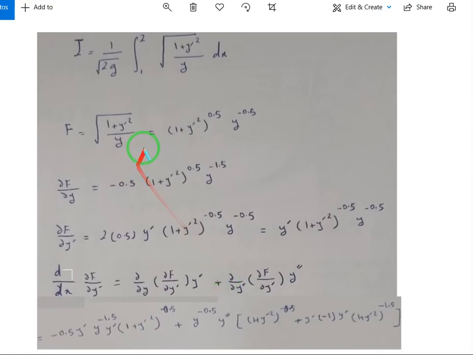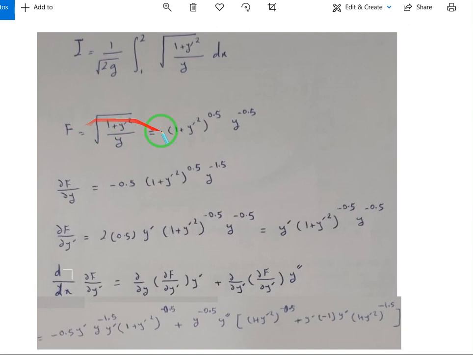Okay, as you can see here, our functional can be written as follows, and function f can be written by this formula. As you can see, f is equal to the square root of 1 plus y dash squared over y.